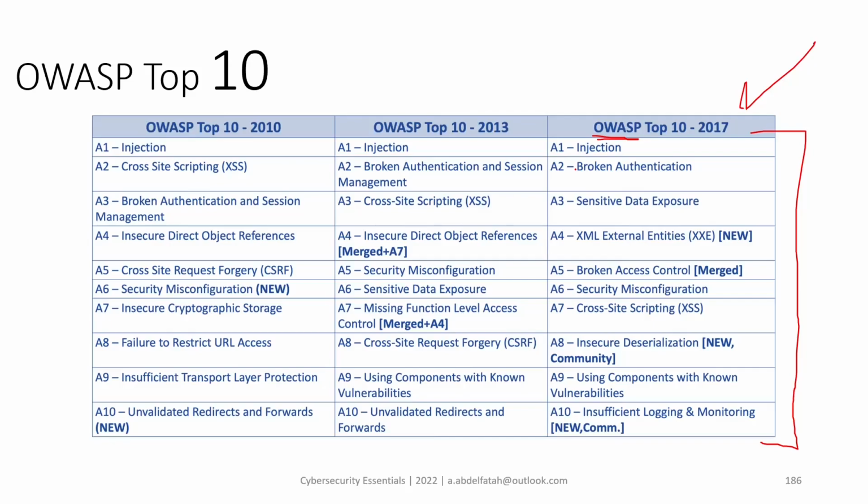OWASP is a non-profit organization that is concerned with research about the top security threats affecting web applications. And then they release recommendations for how to overcome each one of these in a document they developed, which is called ASVS, which stands for Application Security Verification Standard.